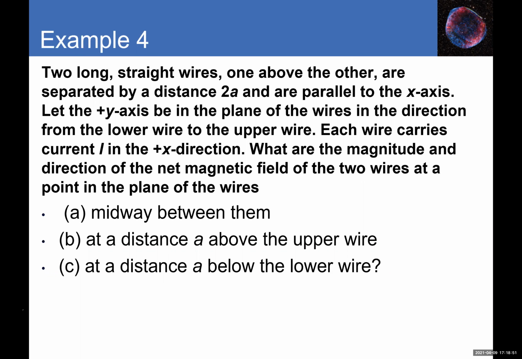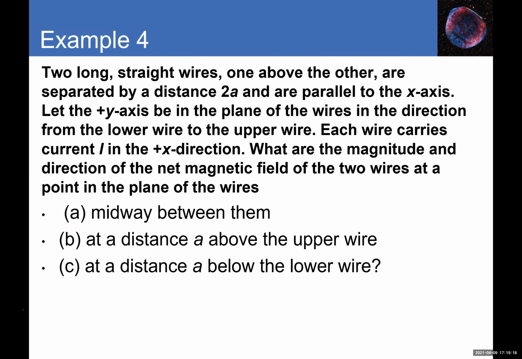What are the magnitude and direction of the net magnetic field of the two wires at points in the plane of the wires: midway between them, a distance a above the upper wire, or a distance a below the lower wire? That means we're calculating the magnetic field due to two parallel wires.